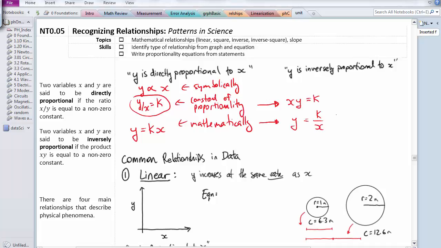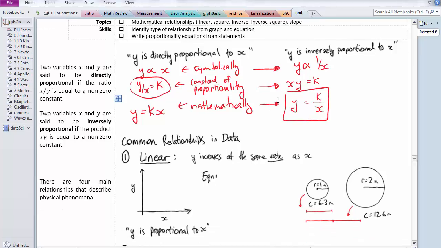You might be used to 1 over x as an inverse function. That's why when y is equal to a constant over x, we say the two variables are inversely proportional. Symbolically this is y is proportional to 1 over x. So we can say y is directly proportional to 1 over x, or y is inversely proportional to x. Something you just have to get used to.